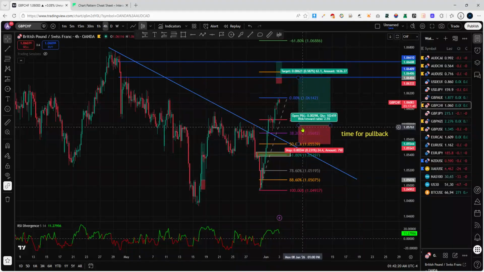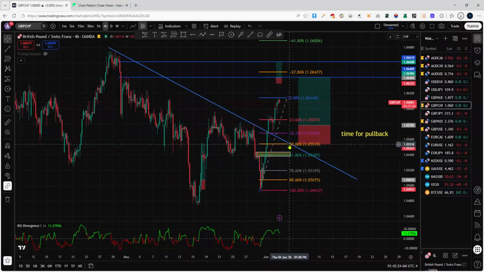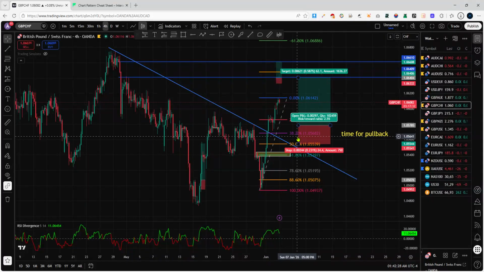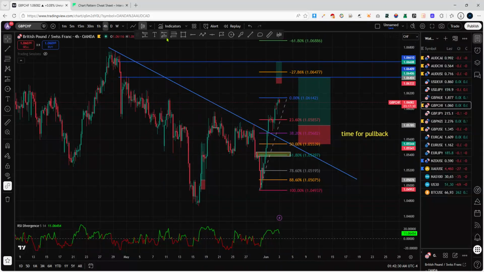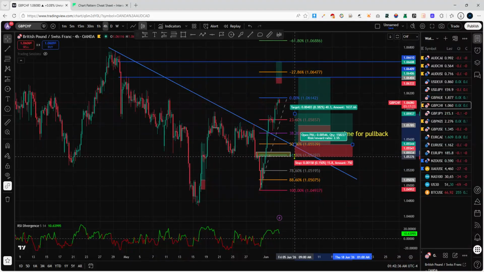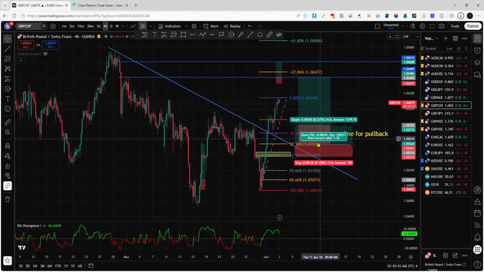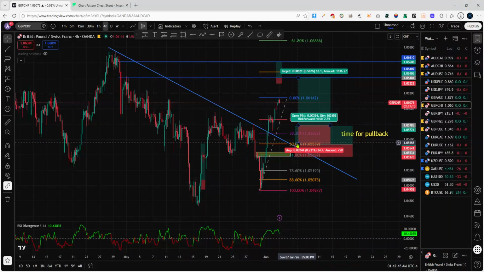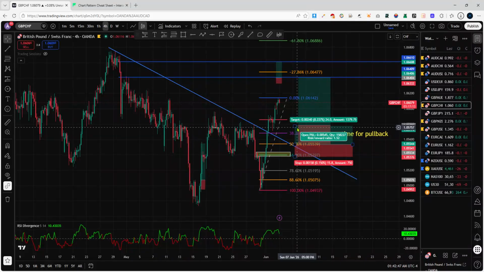I'd be somewhat interested to take a trade like this, but I really wanted to confirm. I could enter down here. Once I get a confirmation candle, I could make my entry here, do my nice 1-to-1.